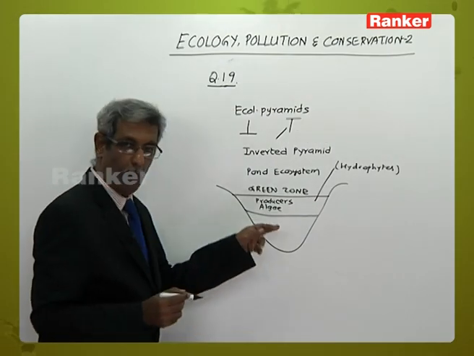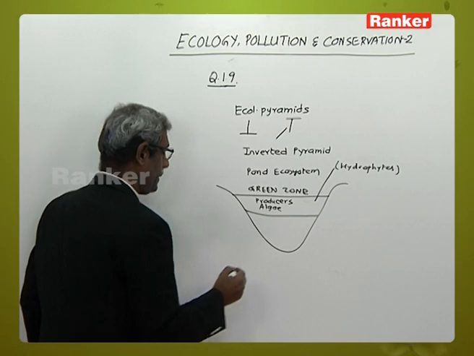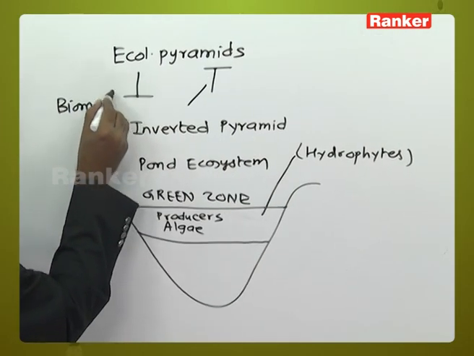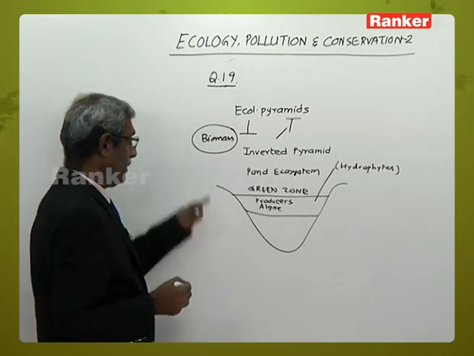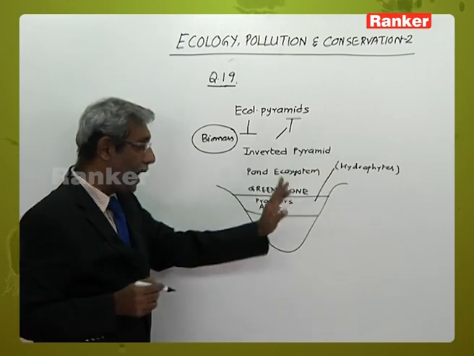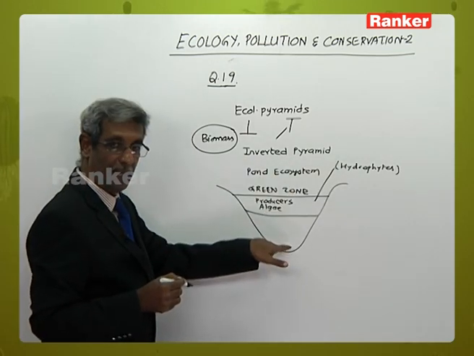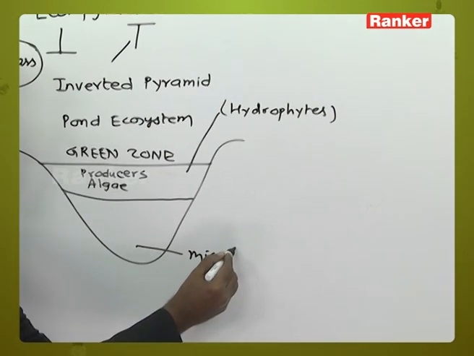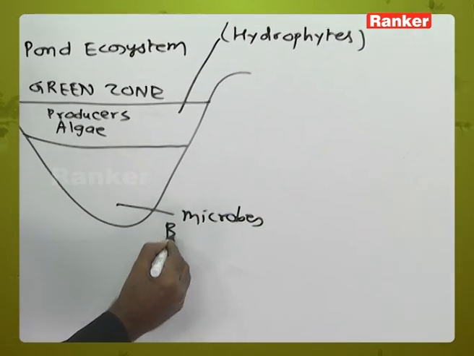So, for the pyramid of biomass, that is weight, the weight of the algae and the hydroplanktons is more when compared to the weight of the microorganisms present at the bottom, which is called the brown belt.